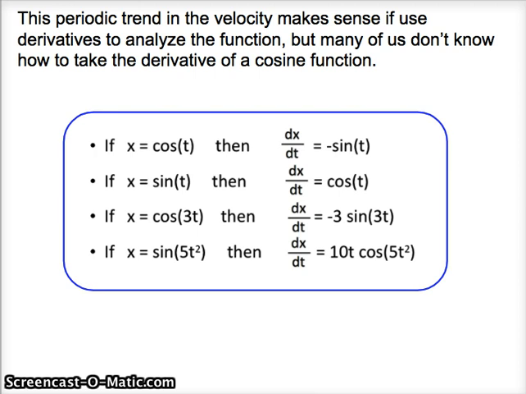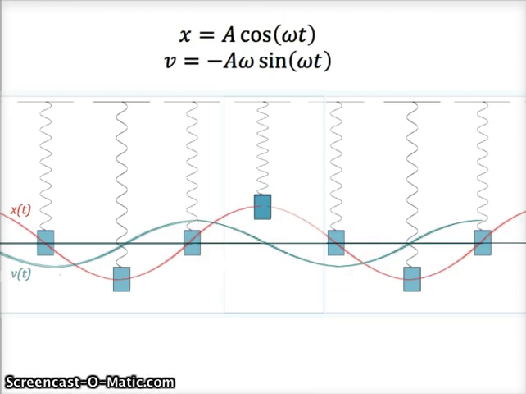So that's going to help us understand a little bit about why we saw what we saw when we considered the position and the velocity. If I start with just a general formula for position, x equals amplitude times the cosine of omega t, and I take the derivative of this using those rules, the cosine switches to the -1 times the sine, and then I also take the derivative of what's inside.